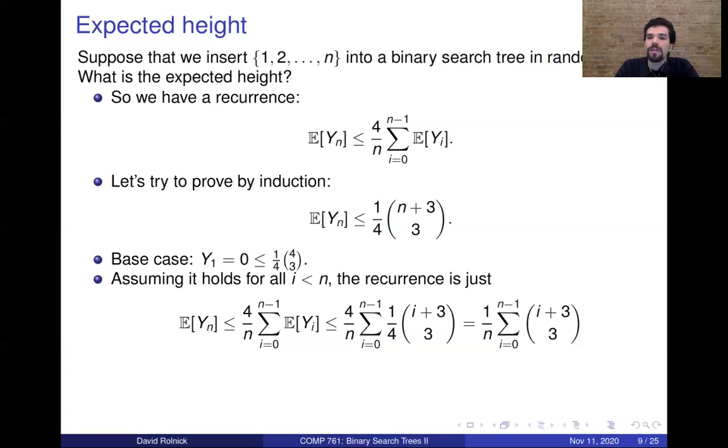Questions? It's just assuming that this is true for y1 all the way up through y n minus 1. Don't we have to verify our assumption? Which assumption? Base case. We go from y1 to y2.